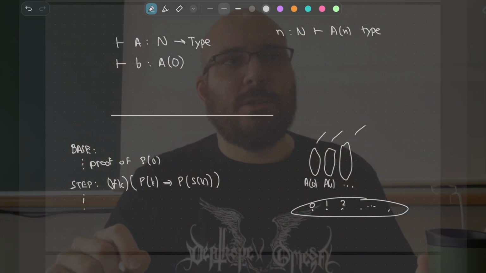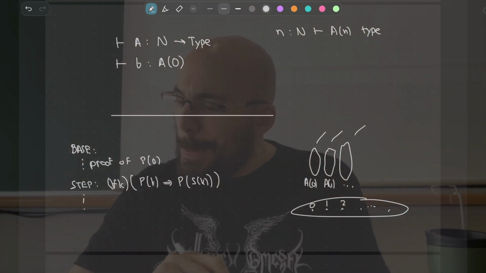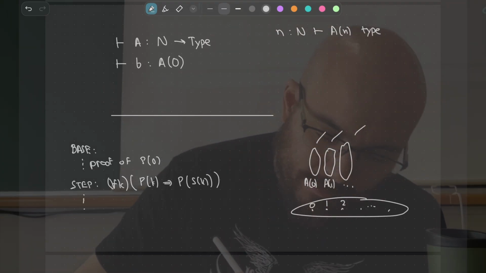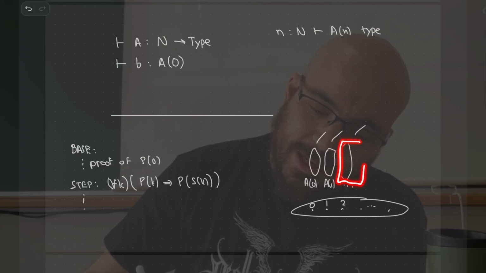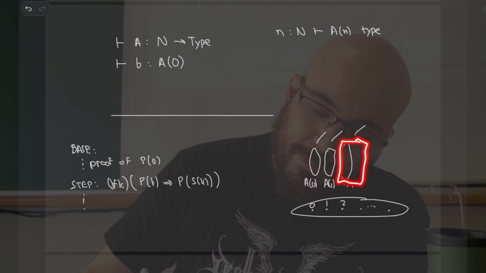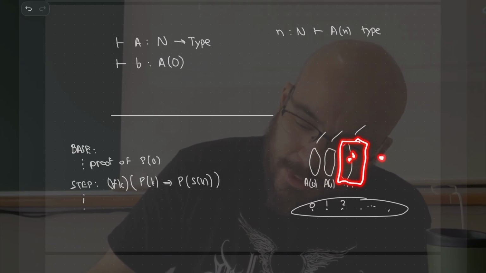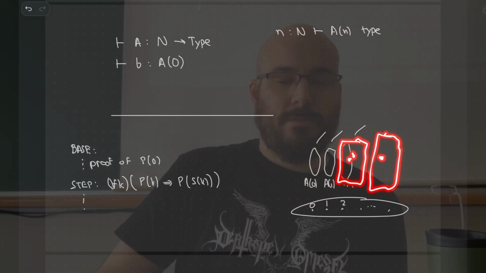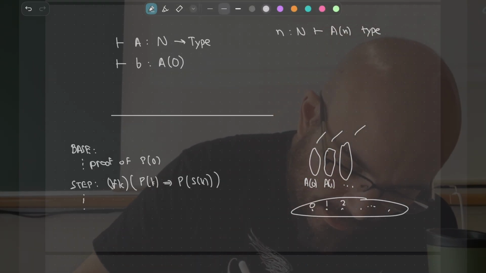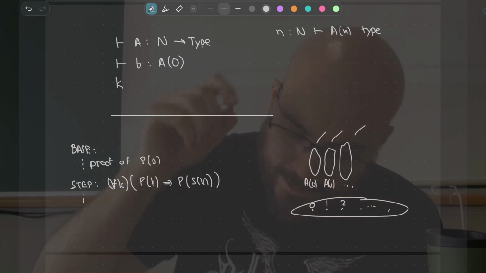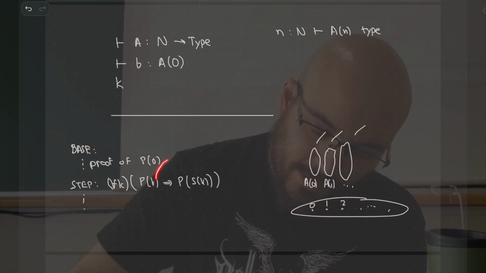What is the other thing I have to do? At any step that I am, I have to have a way of, if you give me some proof here, providing you with a proof of the next step. So how would I do that? Let's call it K, I'm following this notation here.